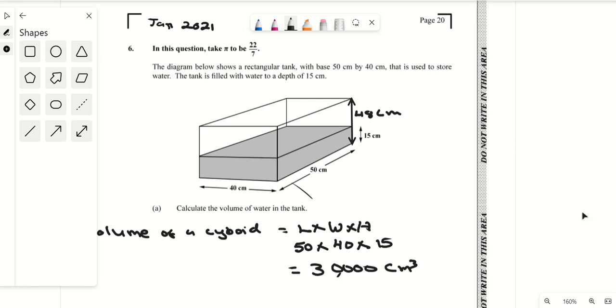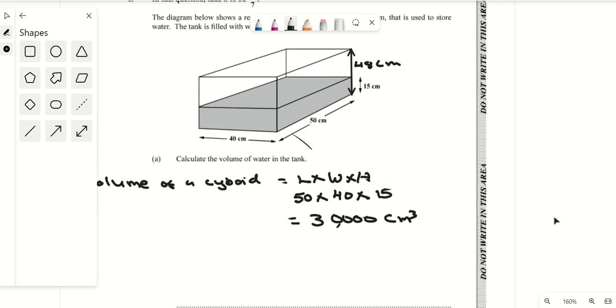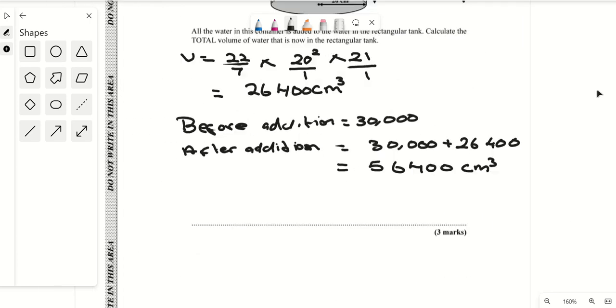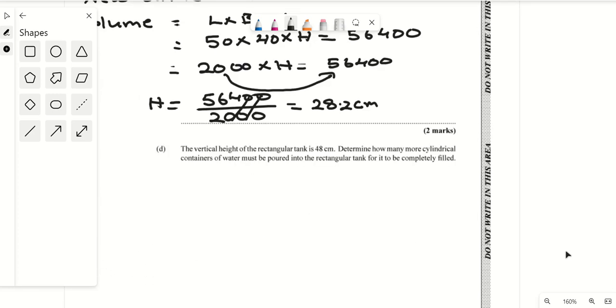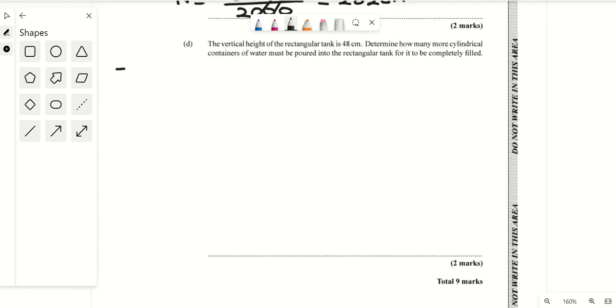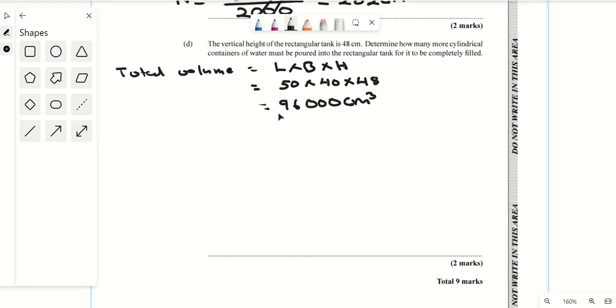Now we need to find the entire volume of this container. The total volume is equal to length times width times height, which is 50, 40, and they told you the height is 48. So we multiply this to get our total volume, 96,000.